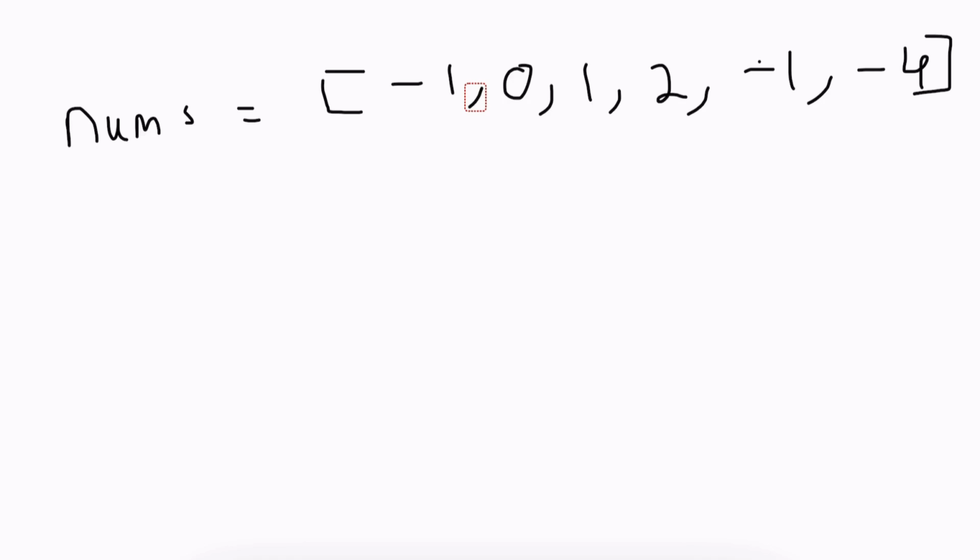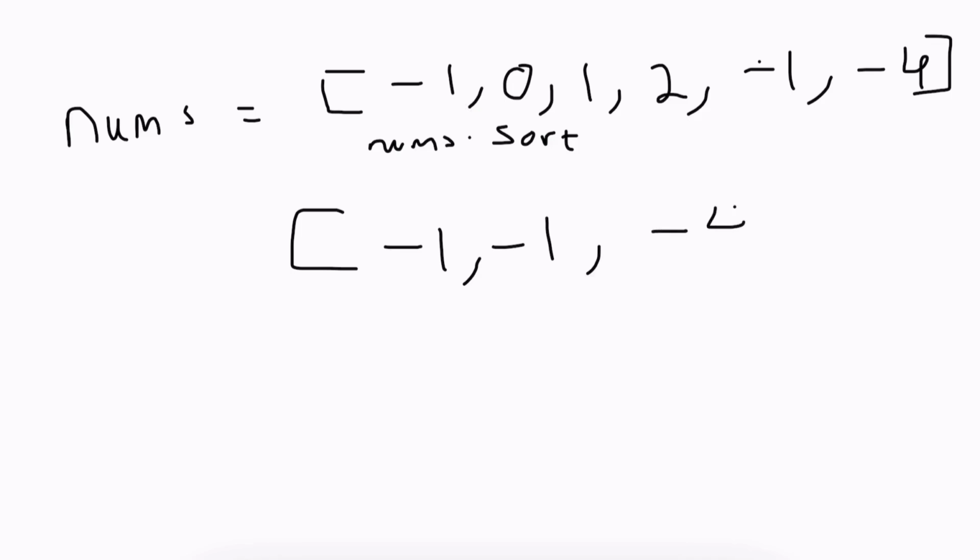So I'm going to first sort the array. When I sort it, with nums.sort, it's going to be -4, -1, -1, 0, 1, 2.